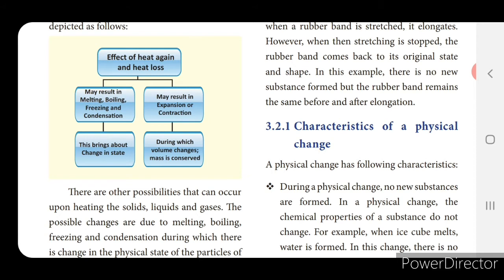So when you take the volume of the ice cube, volume of water, or volume of water vapor, the volume may change, but mass will be conserved. This is the example for the effect of heat gain or loss of heat.